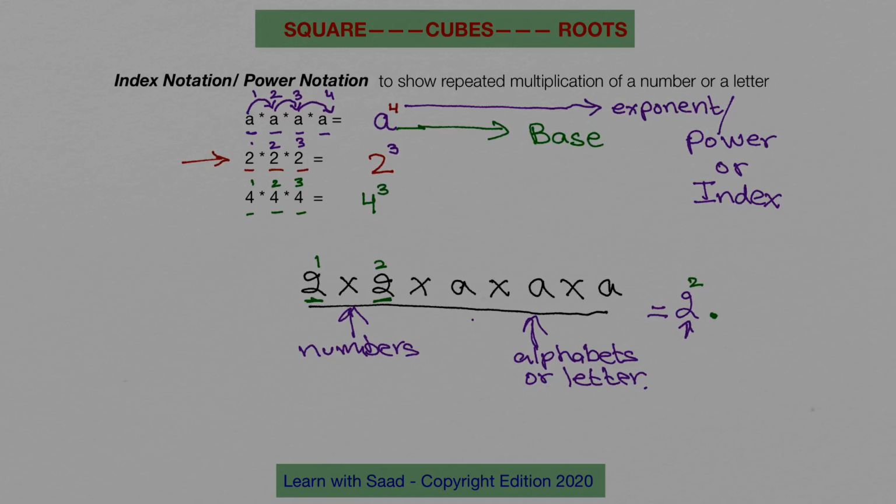For the next one, we write down its base, A, and the number of times we are timing A with itself: 1, 2, 3. So we write 3 on the top. So 2 squared A cubed is the representation of 2 times 2 times A times A times A in power notation form.